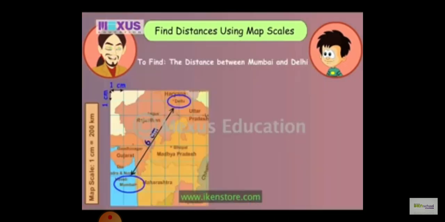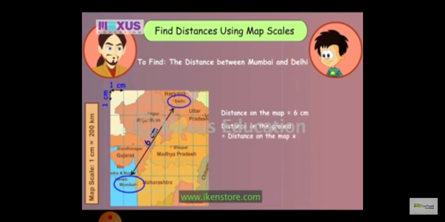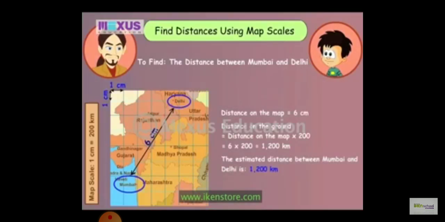Here, the length 6 centimeters stands for the distance on the map. So, the distance on the ground will be equal to the distance on the map multiplied by 200. That is 6 multiplied by 200, which is equal to 1,200 kilometers. So the estimated distance between Mumbai and Delhi is 1,200 kilometers.